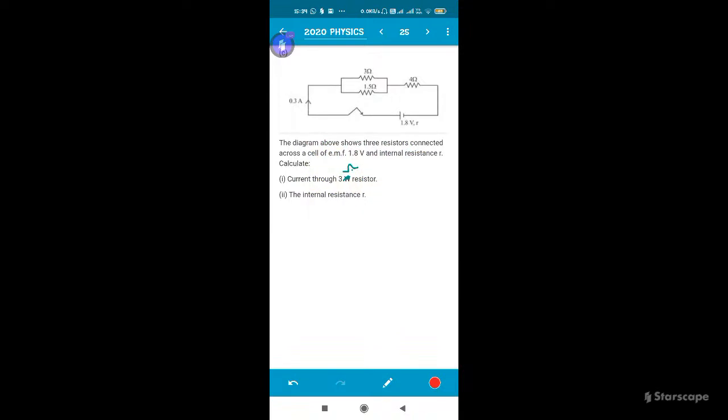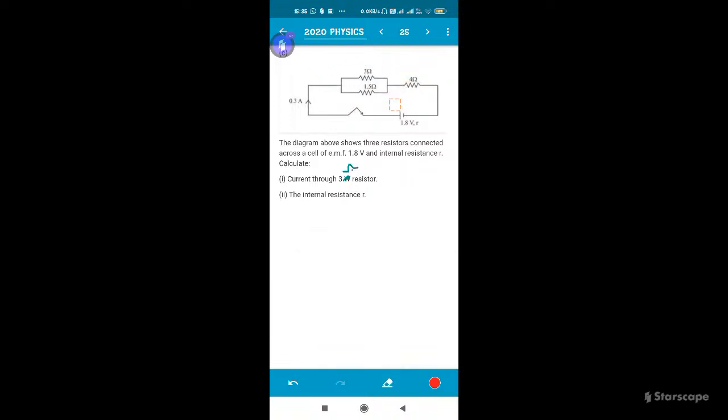If you consider this entire combination as a single unit, let me consider this as R, and this is another resistance. So the current through the entire R will be 0.3 ampere, and the current through the 4 ohm resistance will also be 0.3 ampere, isn't it? Because if you consider R as a unit and the 4 ohm, they are in series with one another. So this is the first concept which we will use.